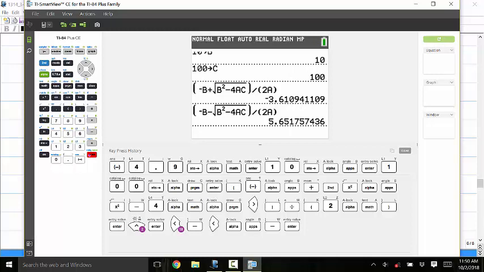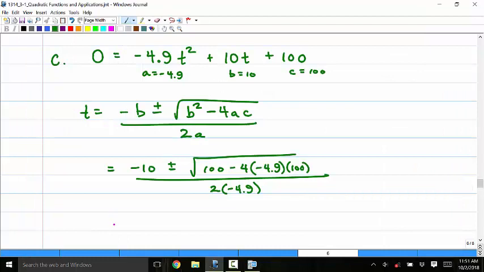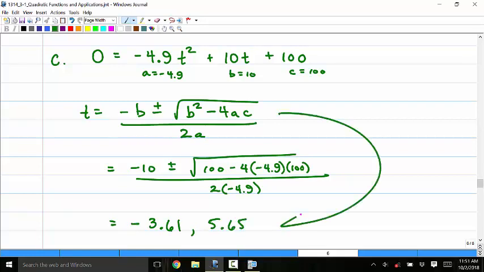So your two x-intercepts are negative 3.61 and 5.65. So to go from here to here, type it in on your calculator. Store A, B, and C, and just type in the quadratic formula. Now, does a negative time make sense?